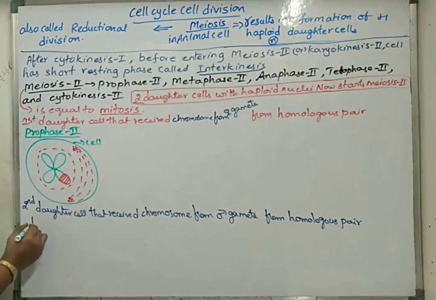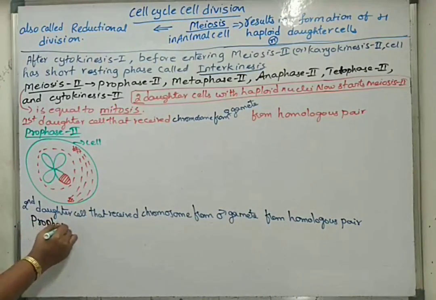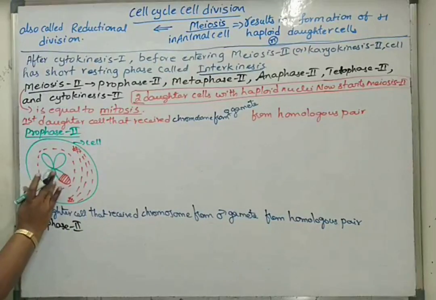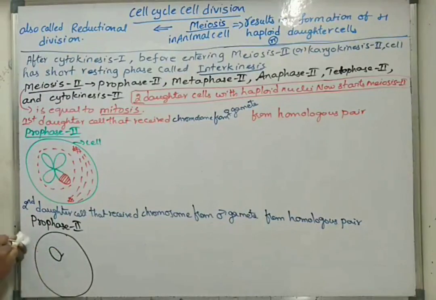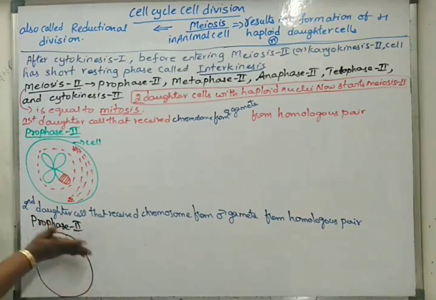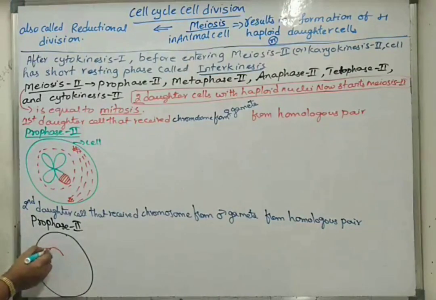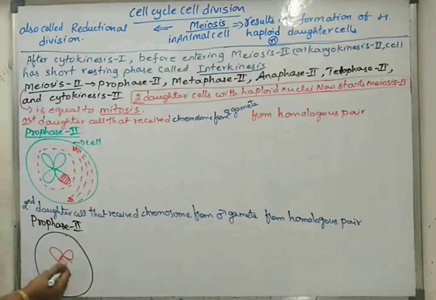Here we will draw prophase 2. This is one daughter cell, so now the other daughter cell. From the beginning we are marking the chromosome from the male gamete with red color, so now we will write that only. This is the part of the genetic material that was exchanged during pachytene.